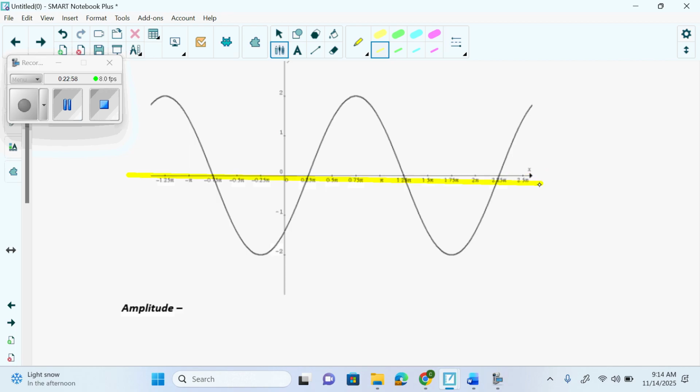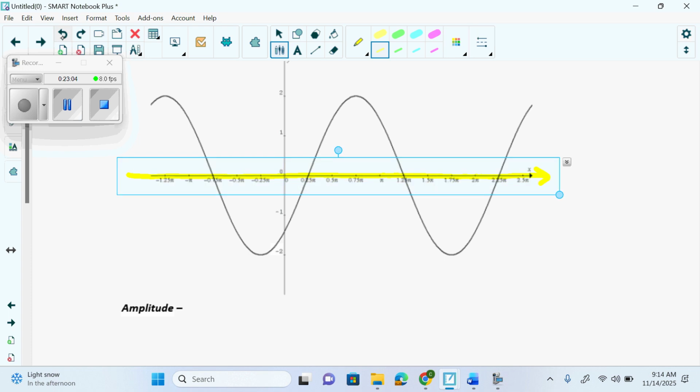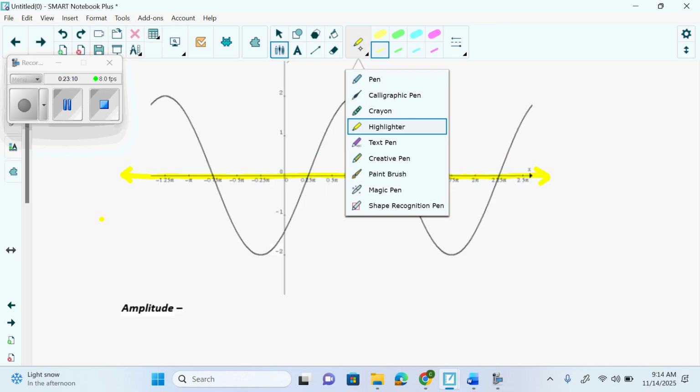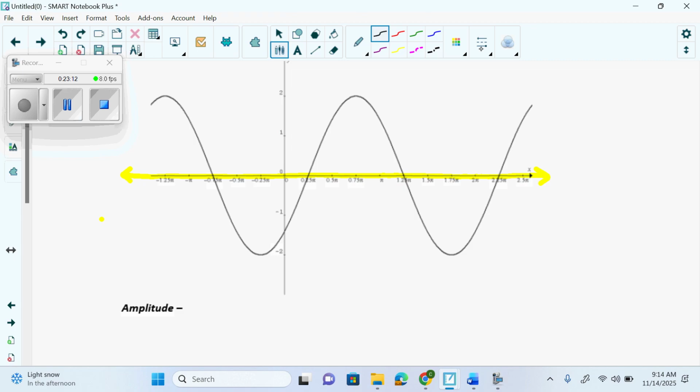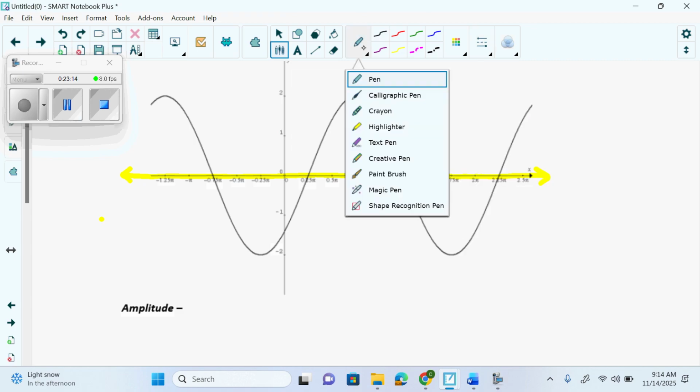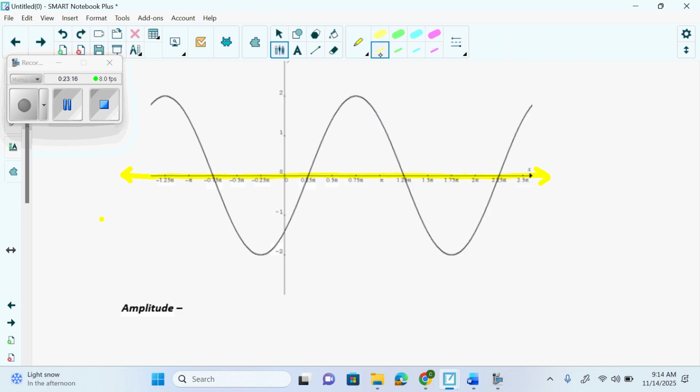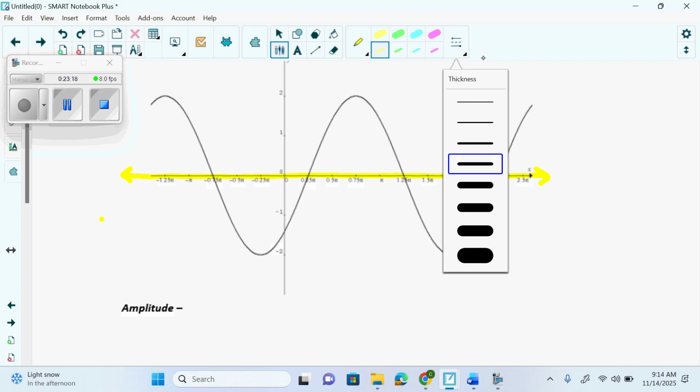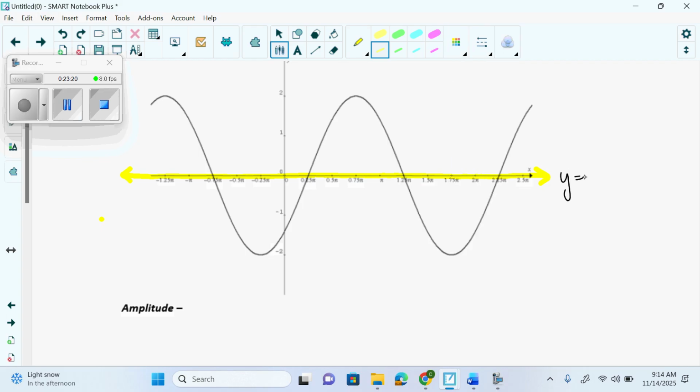You should have y equals 0 as your midline. Oh, great. I didn't draw on it. Okay, the next one, and then you should have plus zeros at the back.